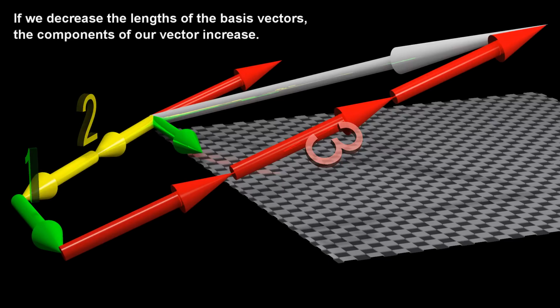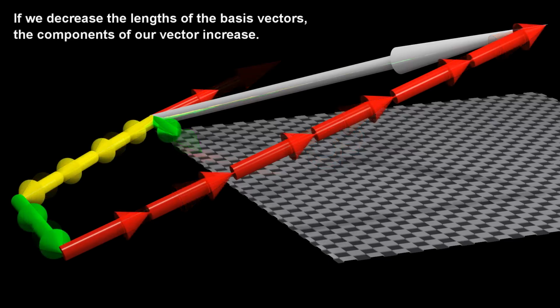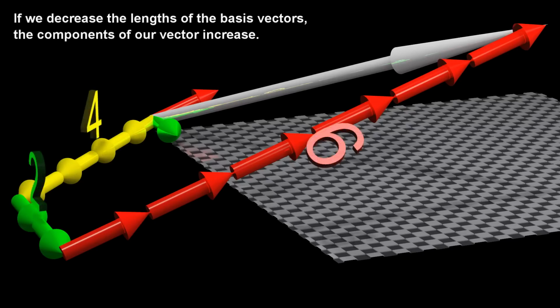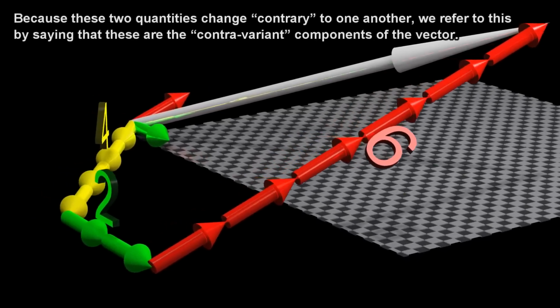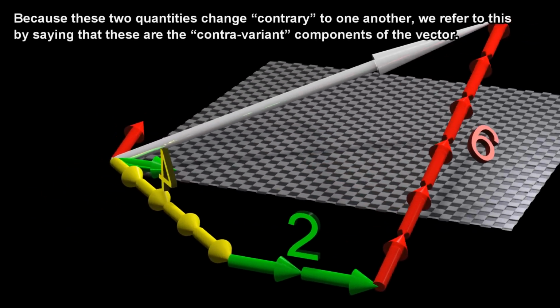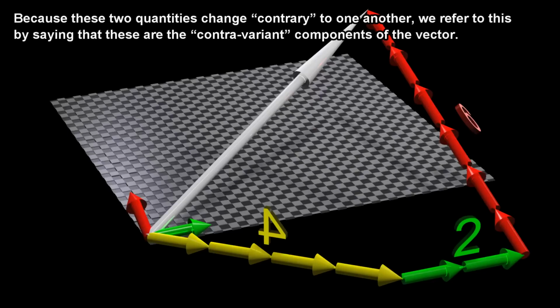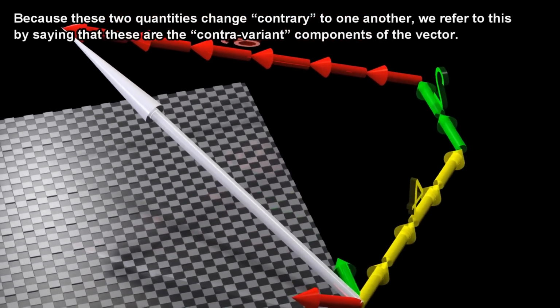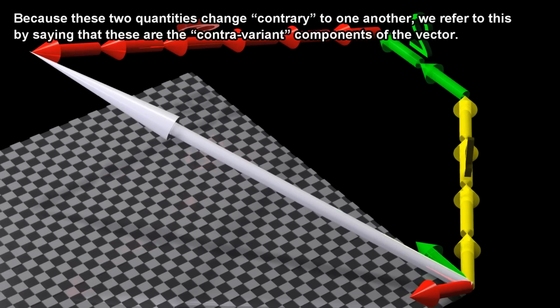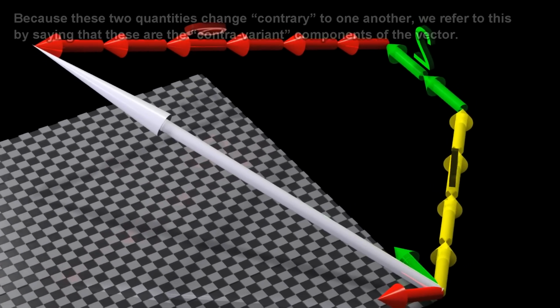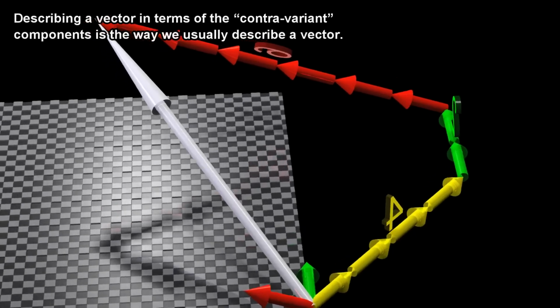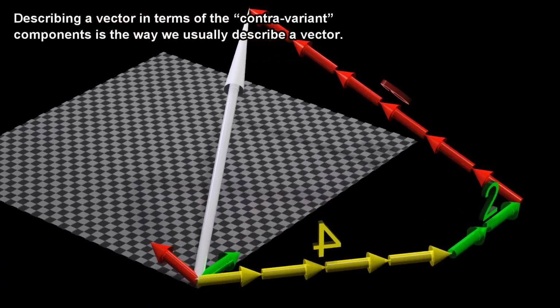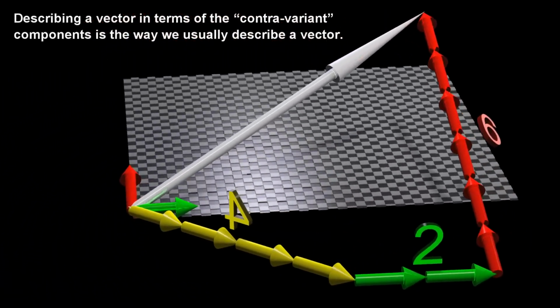If we decrease the lengths of the basis vectors, the components of our vector increase. Because these two quantities change contrary to one another, we refer to this by saying that these are the contravariant components of the vector. Describing a vector in terms of the contravariant components is the way we usually describe a vector.